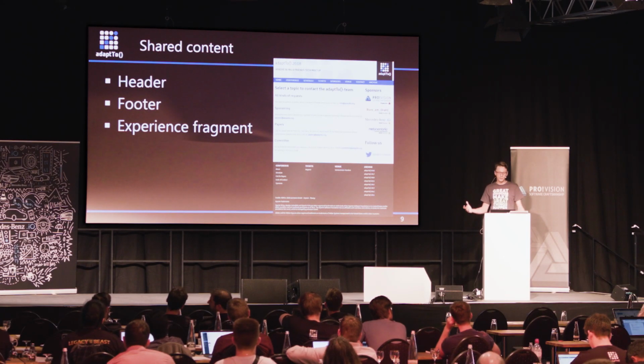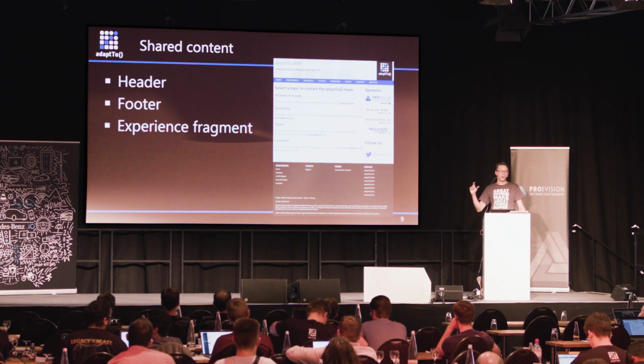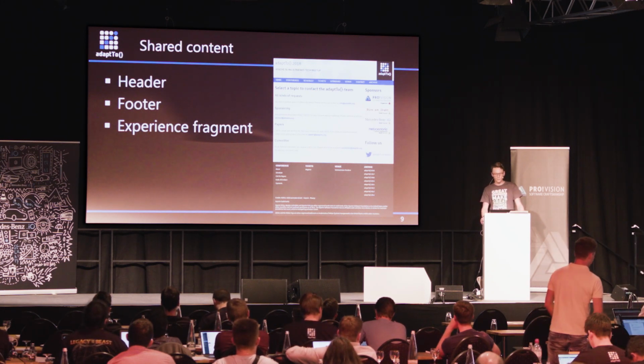So another case when this tool could be used is shared content. Each page is built in the same way. Always we have the same pattern: each page has header, body, and footer. The requirement is very often that the header and footer need to be authorable, because we are working with a CMS, so of course they should be authorable.